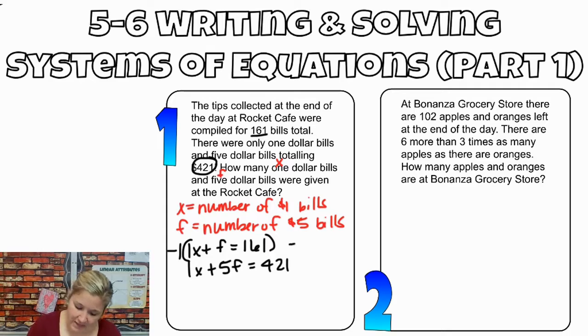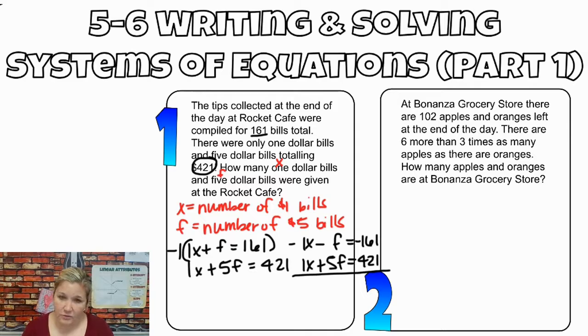So I would have -1x minus F is equal to -161. And then I would have 1x plus 5f is equal to 421. Notice that the x, my $1 bills, gets eliminated.